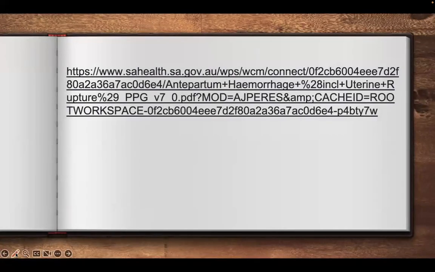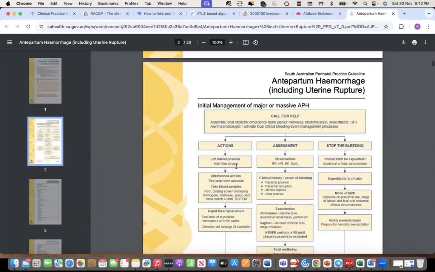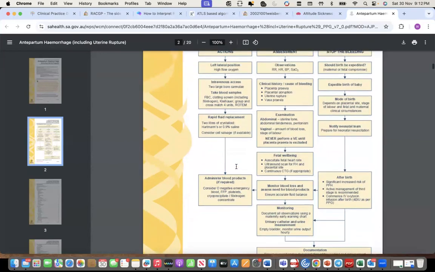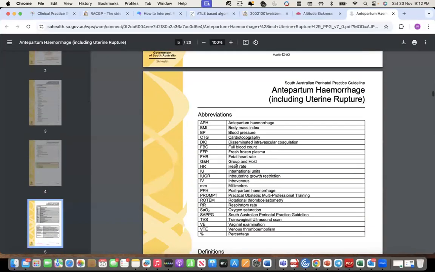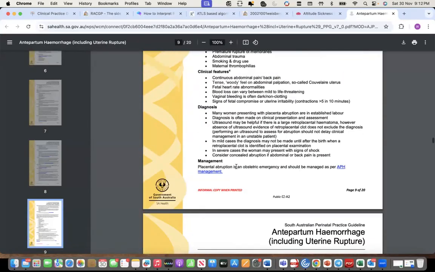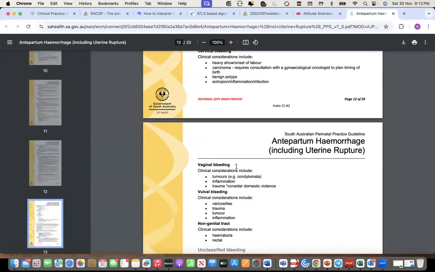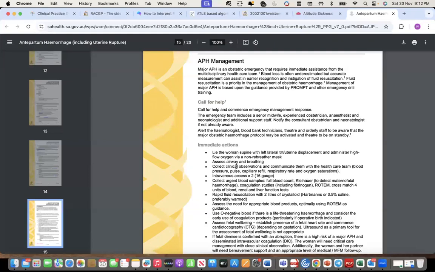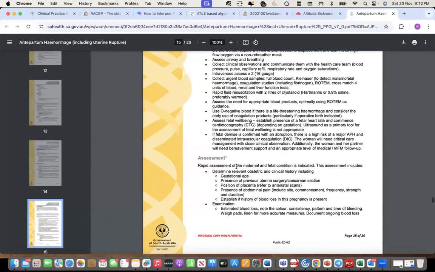And I think we have this trauma reference again for antepartum hemorrhage. So you can have a look here.